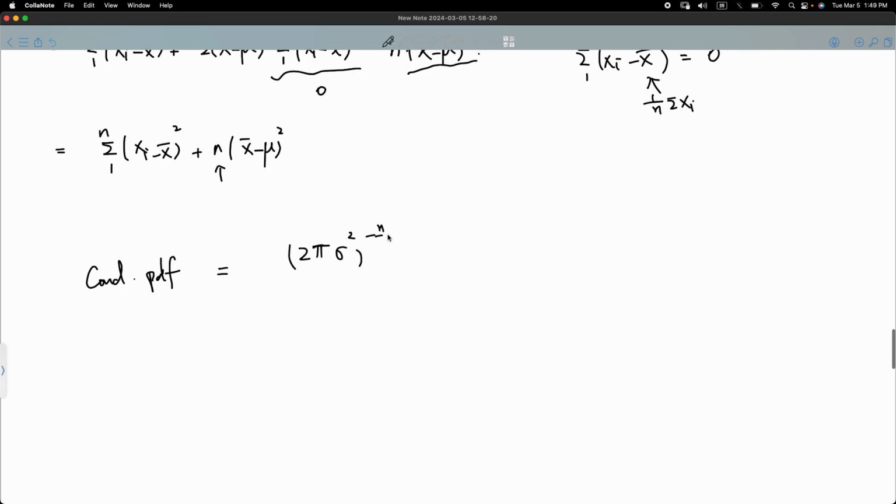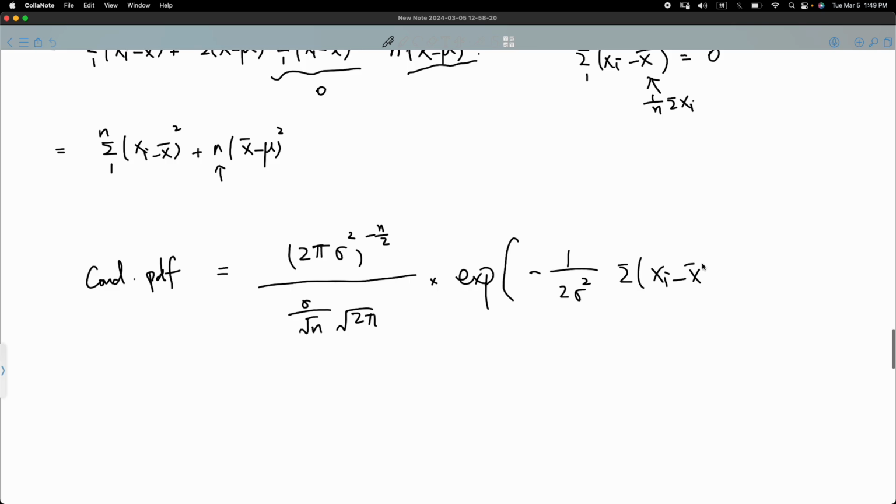So negative n over 2 over sigma over square root of 2 pi, to the power n. Okay, so the constant term remains the same. So this fraction in the front remains the same. And then multiplied by the exponential of negative 1 over 2 sigma squared times the summation of xi minus x bar squared.